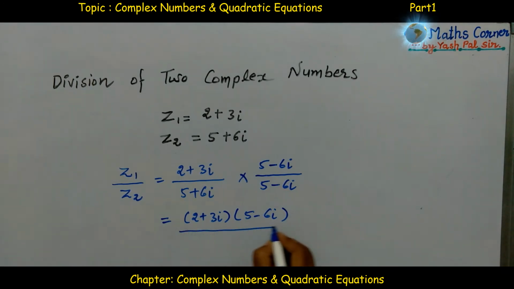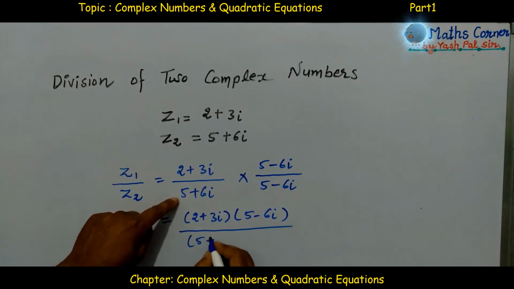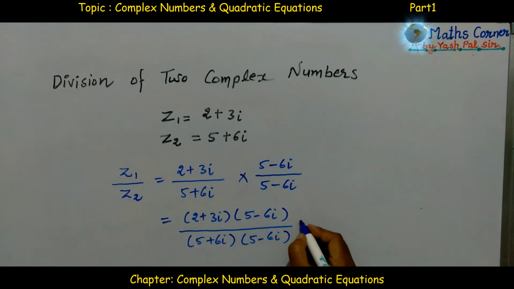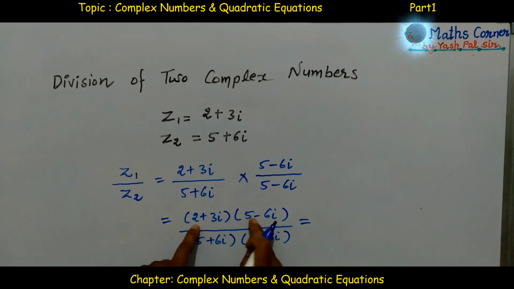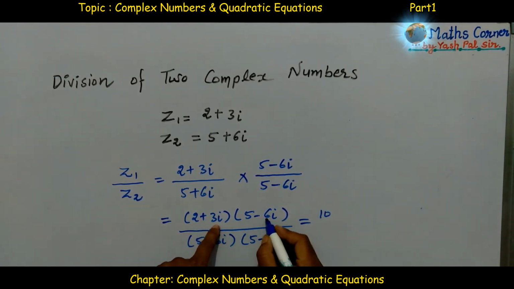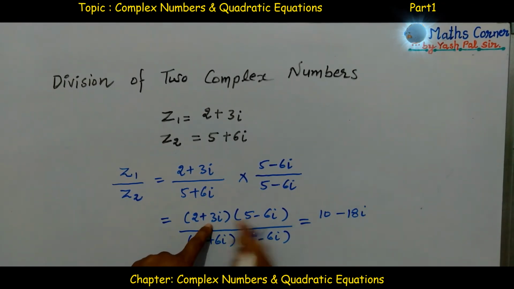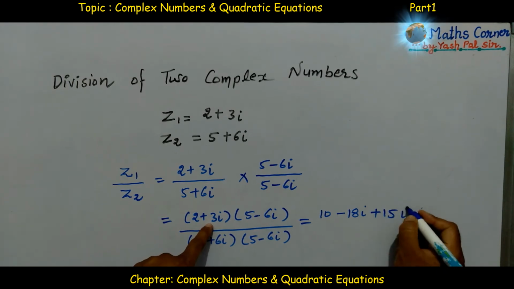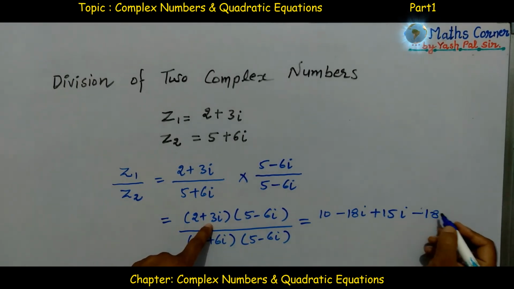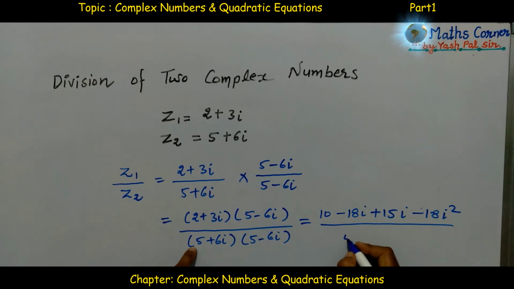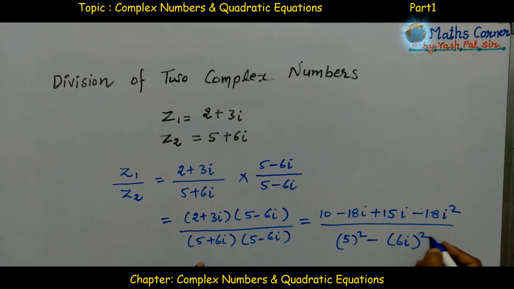In the denominator this is 5 plus 6 iota into 5 minus 6 iota, and solving this we have 2 into 5, 10, minus 12 iota plus 15 iota minus 18 iota square, whole divided by a plus b into a minus b, that is a square, 5 whole square, minus b square, that is 6 iota whole square.